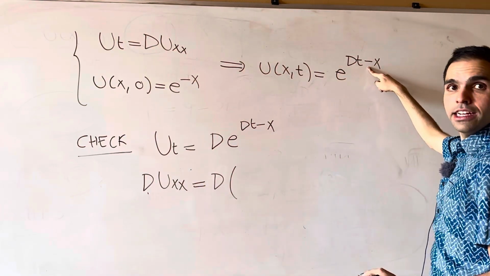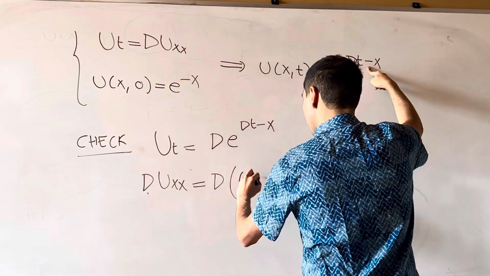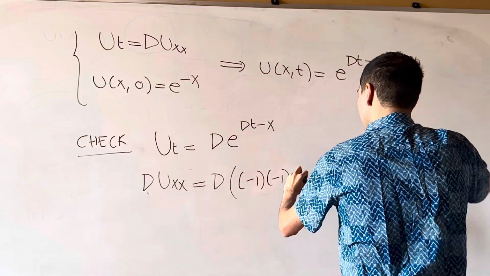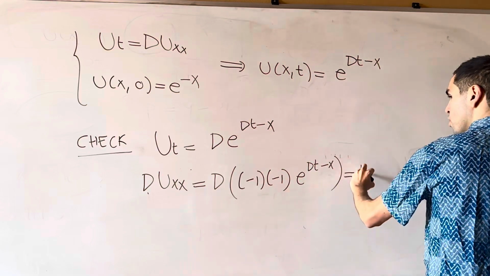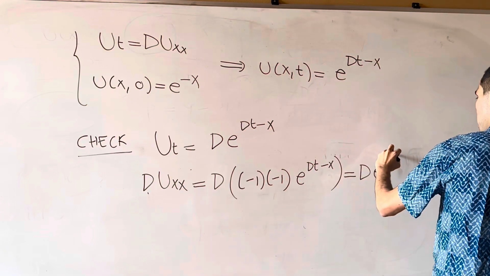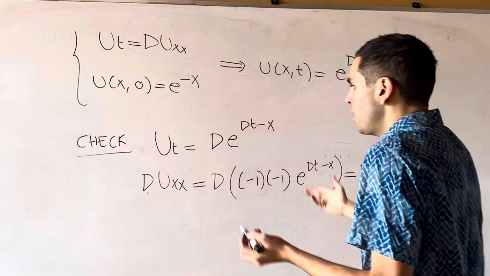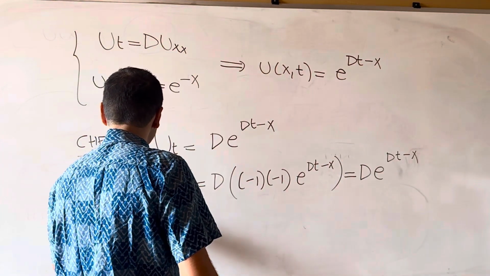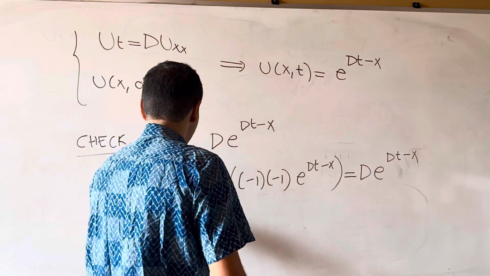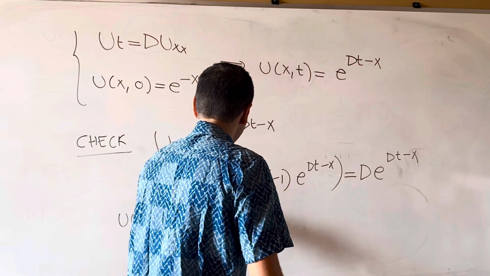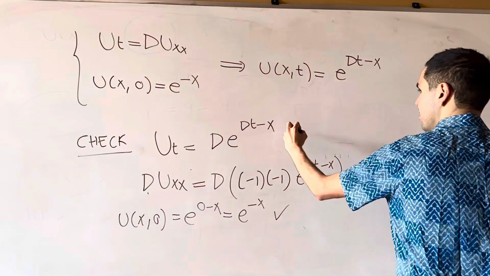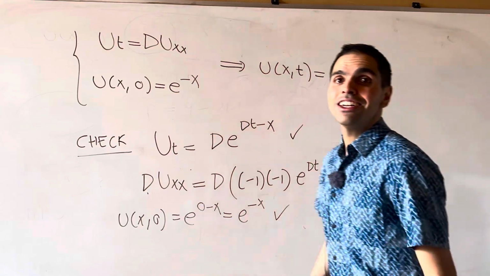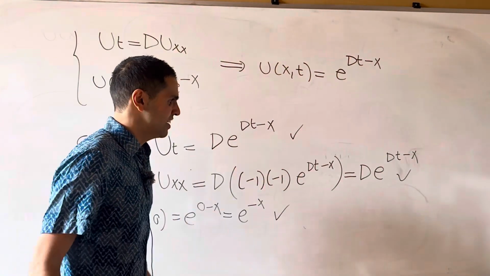So you have a minus and minus, so minus 1 and minus 1, e^(dt - x), which gives you the same thing. And last but not least, if you're curious, what about the initial condition? What's e^(0 - x), which is e^(-x). So in fact, only green flags and everything checks out.